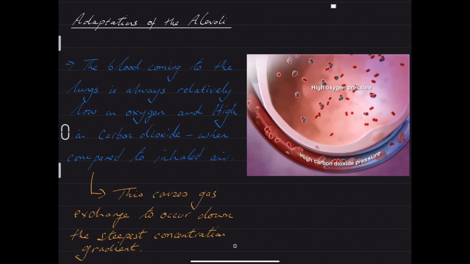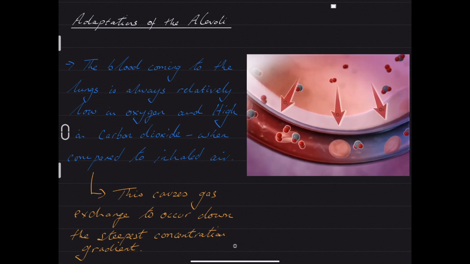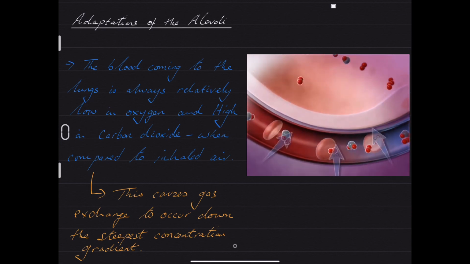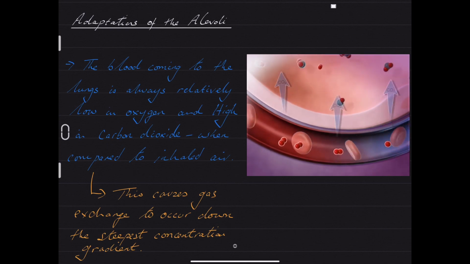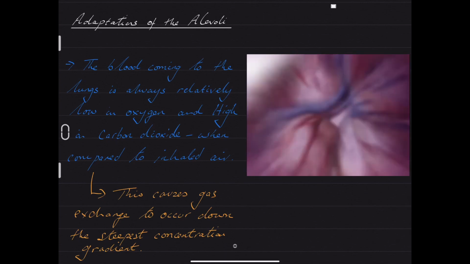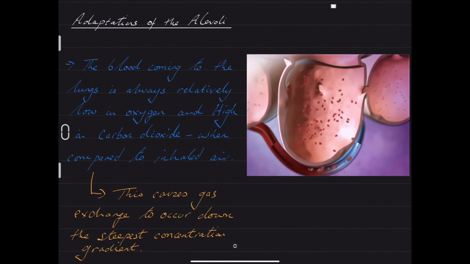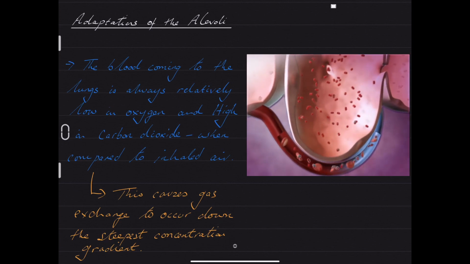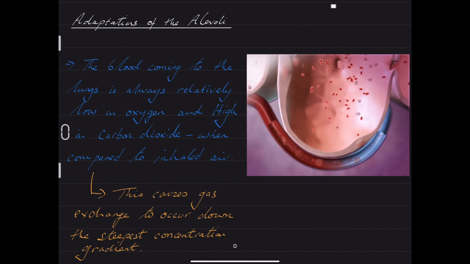So when the blood is coming to the lungs from the rest of the body, it is low in oxygen and high in carbon dioxide when we compare it to the air that is inhaled into the lungs. So on comparison, the blood coming to the lungs from the rest of the body is low in oxygen and high in carbon dioxide in comparison to the air inhaled in.